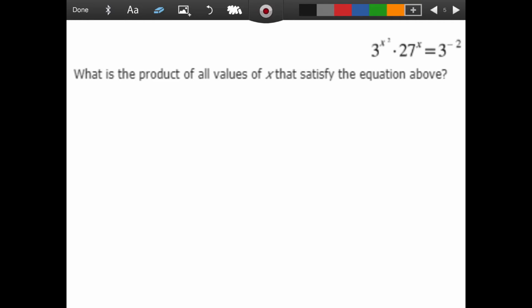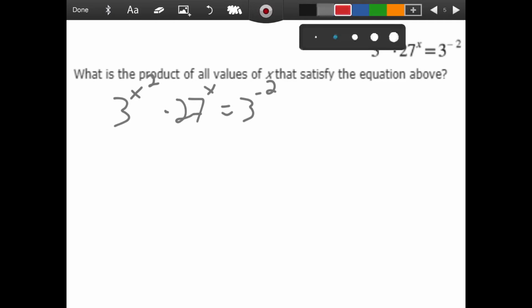But remember our rules. So we have 3x squared times 27x equals 3 to the negative second power. Now, the first thing we want to do is change this base. So we get 3x squared, and we want to change 27 to 3.